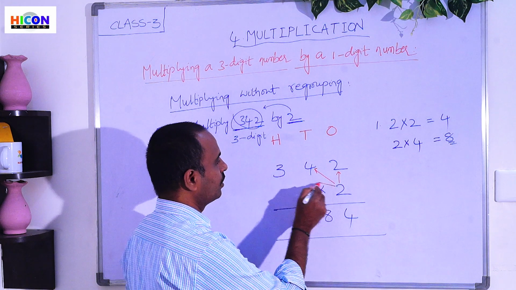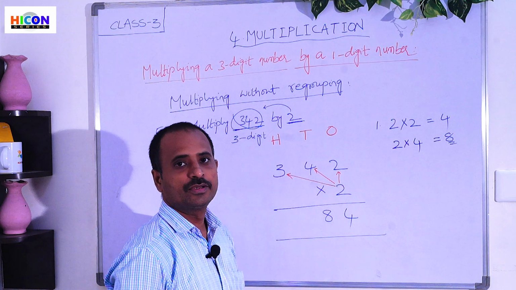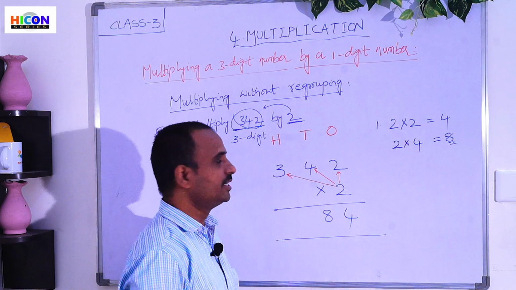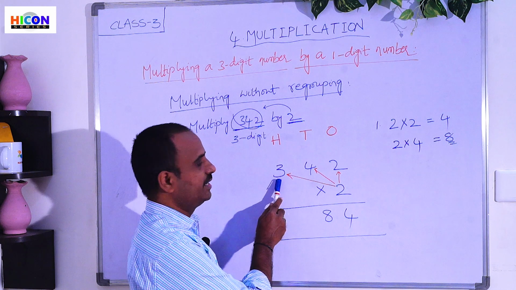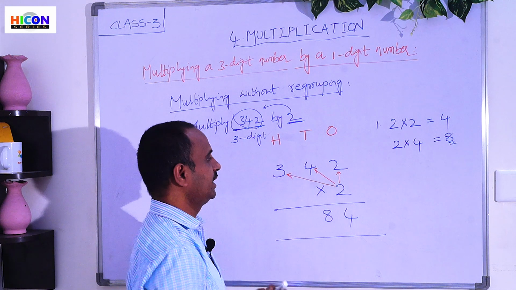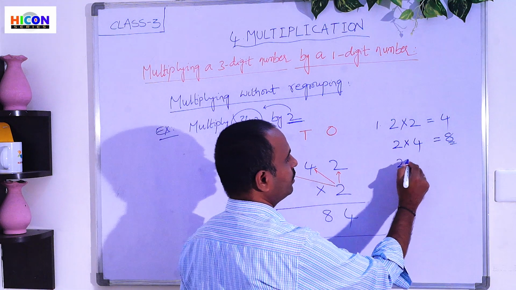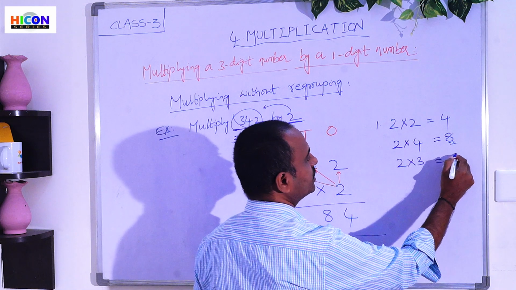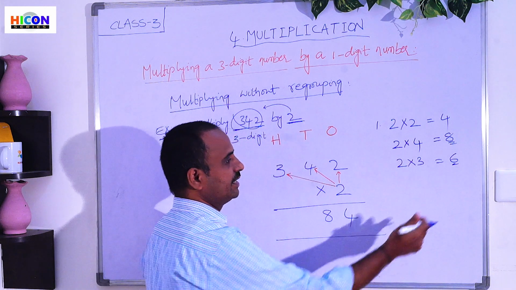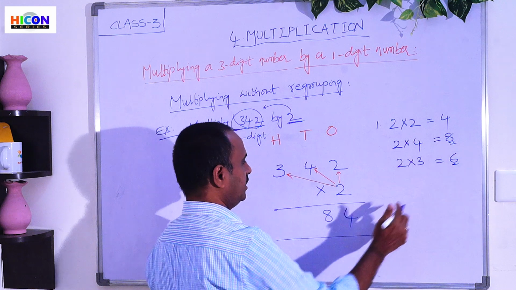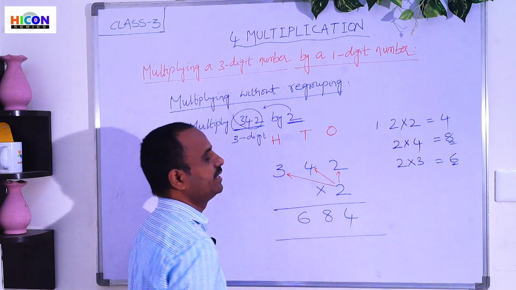Now go to hundreds place. Multiply the digit present in the hundreds place with 2, that is 2 into 3, 2 threes are 6. The answer is 6, so write this answer under hundreds place.